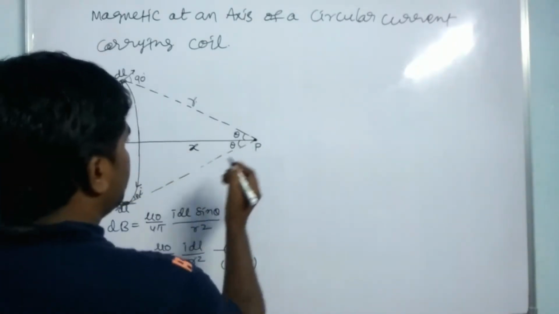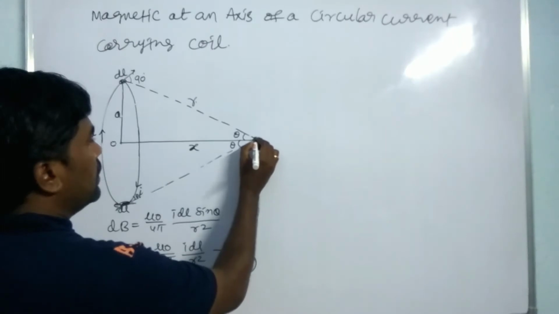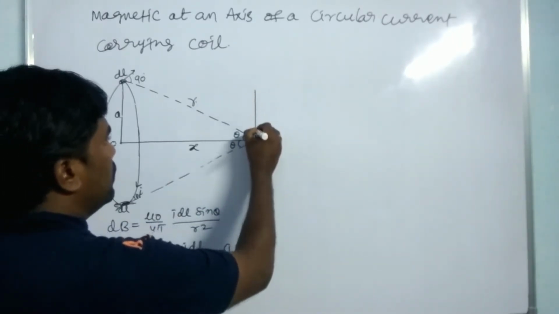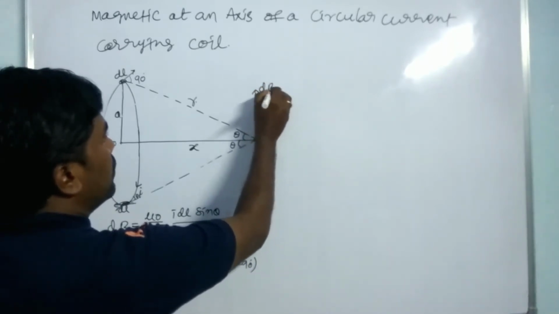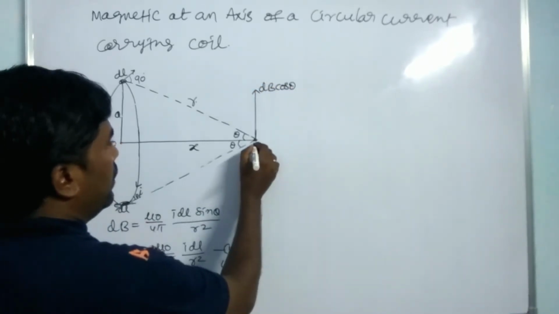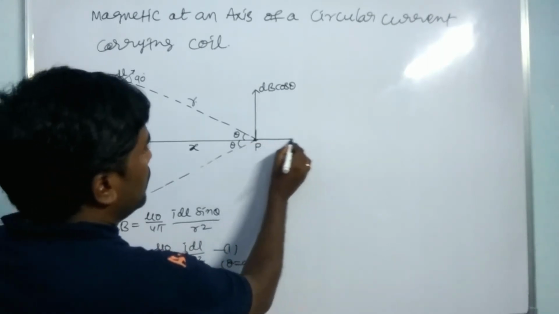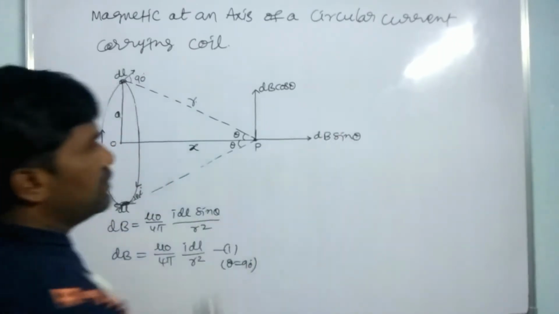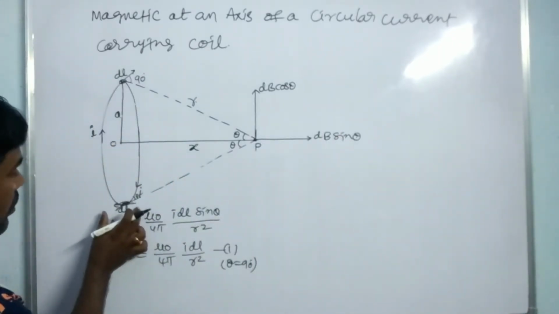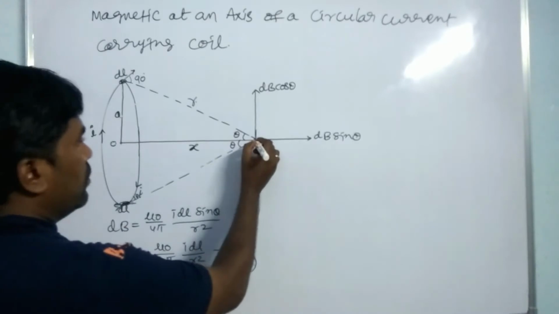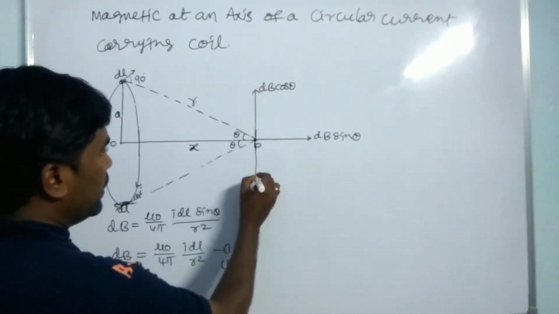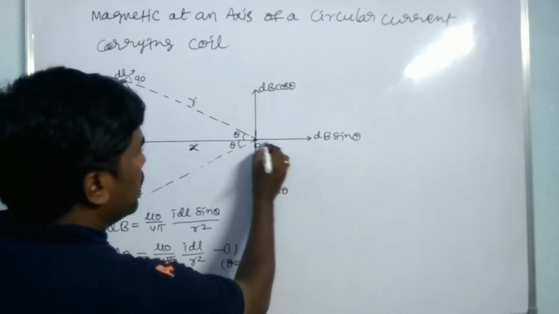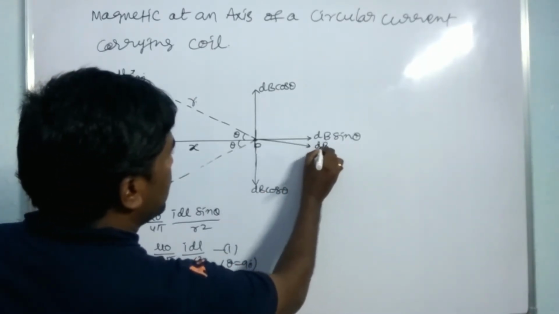So horizontally dB cos theta and vertically dB sin theta here. And similarly, according to this other dl element, horizontally there is dB cos theta, and vertically it is dB sin theta.